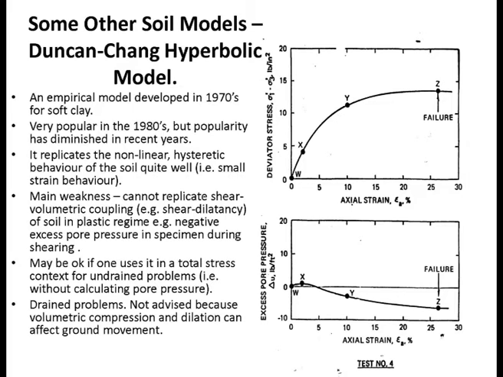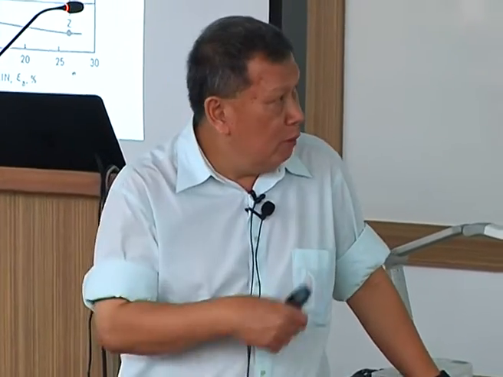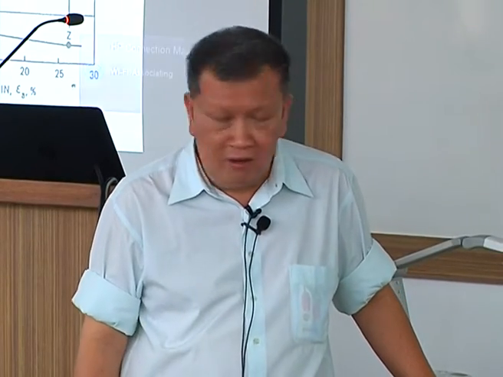So basically, you can use it in a total stress context for an undrained problem. I worked with Subhadip Banerjee on earthquake, and we used it as a total stress problem because it's an undrained problem, so there's no volumetric change, and we decided to forgo the excess pore pressure and just model the stress-strain behavior of the soil. So we were able to get some reasonable results.